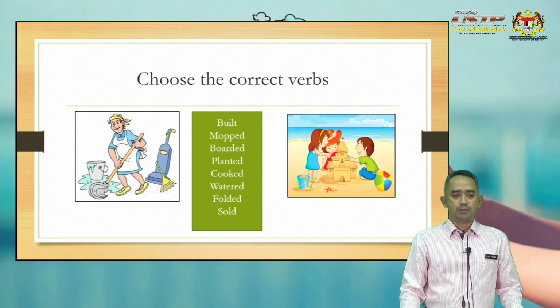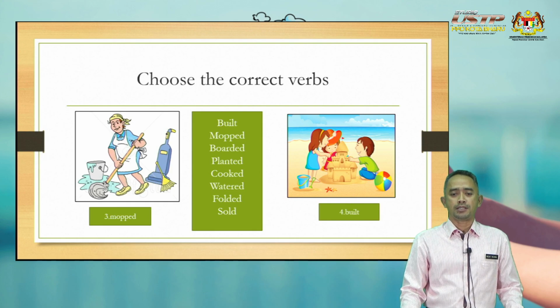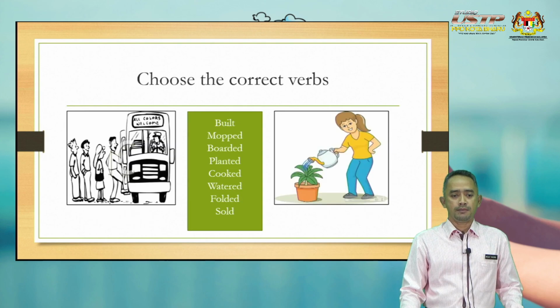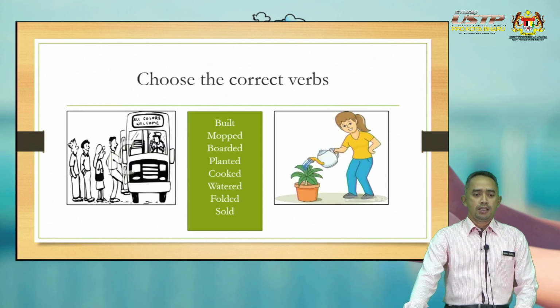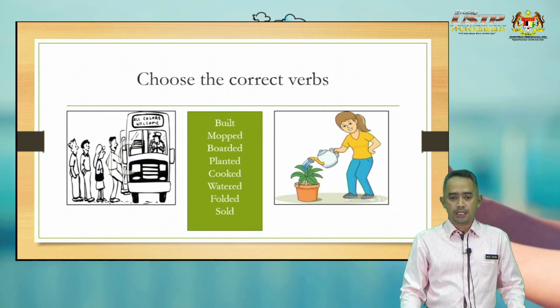Picture number 3 and picture number 4. Once again, look at the pictures carefully and think, what are they doing? What are the verbs that we are going to use? We look at the answers. Number 3, the answer is mopped. Next, built. For the next pictures, look carefully.